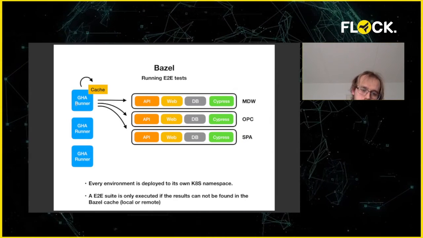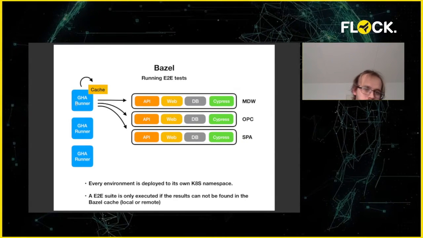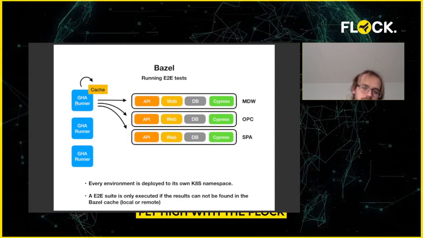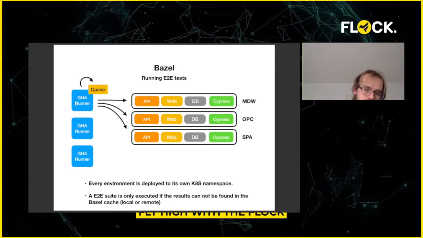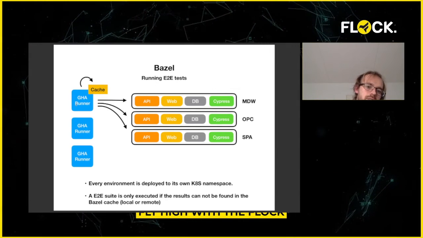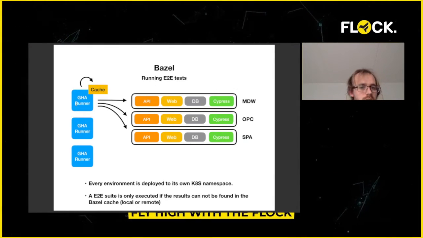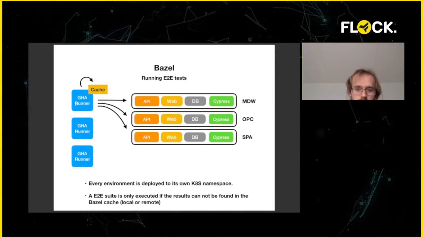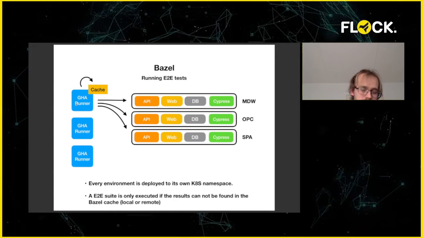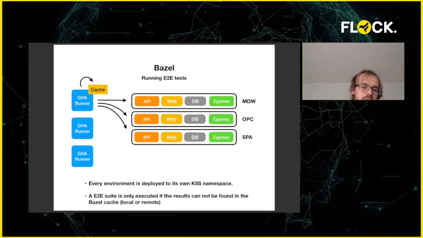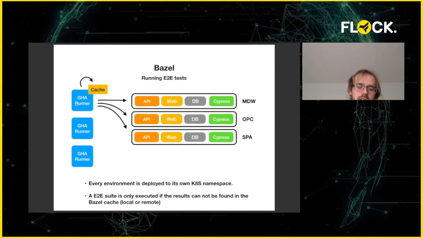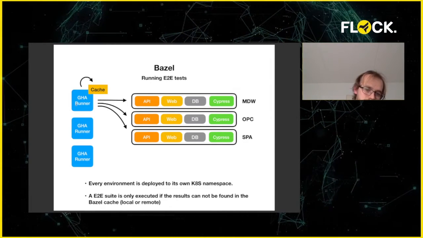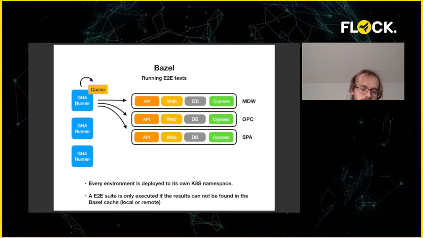We still use the BAZEL cache for this. So if we see that we are testing the same Nginx container and the same set of Cypress tests and the same API and the same database and whatever it needs, if we have already executed those tests, we take the results from the cache and we never deploy anything inside this temporary namespace.